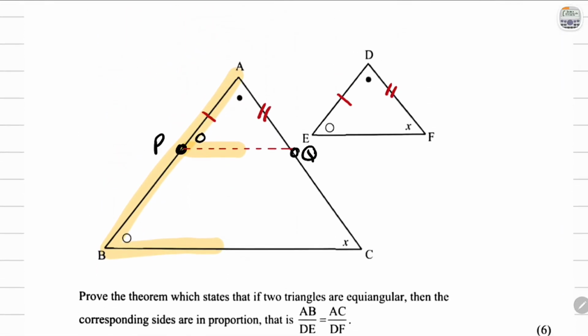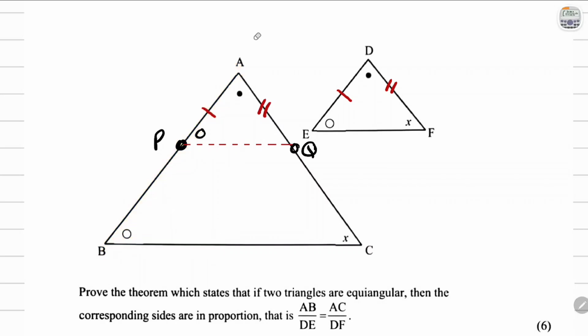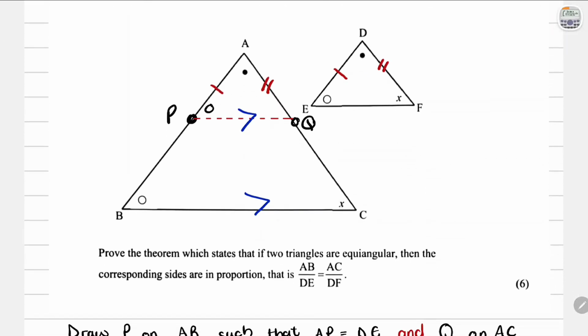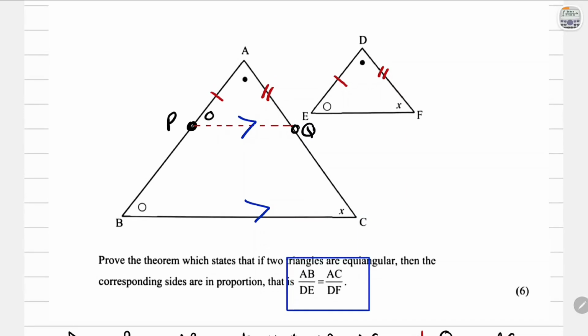Okay, so now that they are parallel, now we can go ahead and start working on this. So tell them that they are parallel, and now we are going to have to use the proportionality theorem. So this is where you need to now focus on what they told you. So it's not as if it's always going to be exactly the same. And that's why it's a good thing I'm actually working on this now. It's not always going to be the same because sometimes they play around with the way that is written.